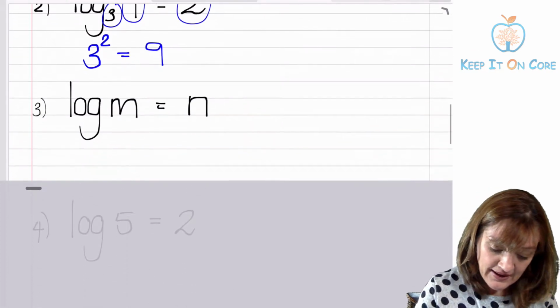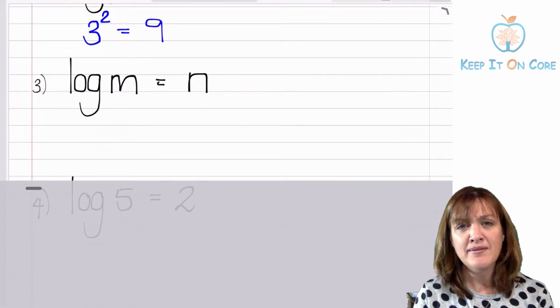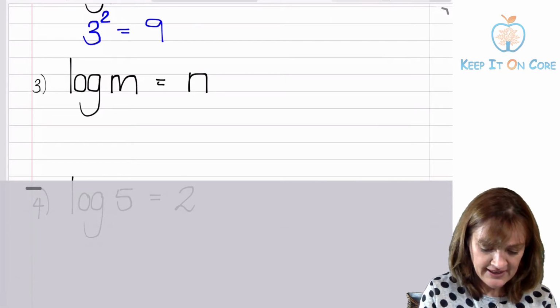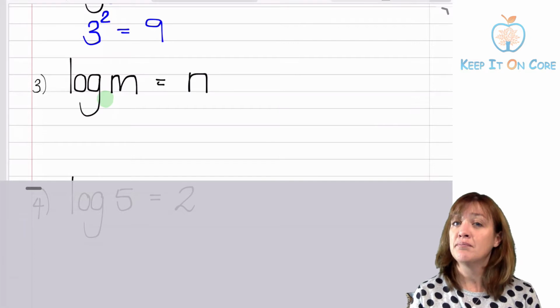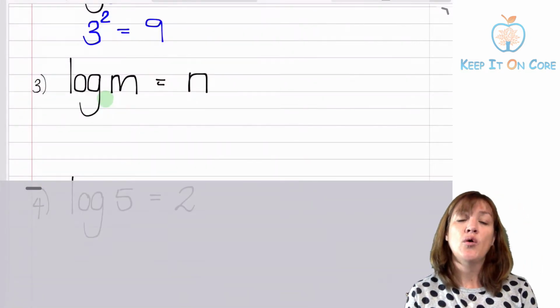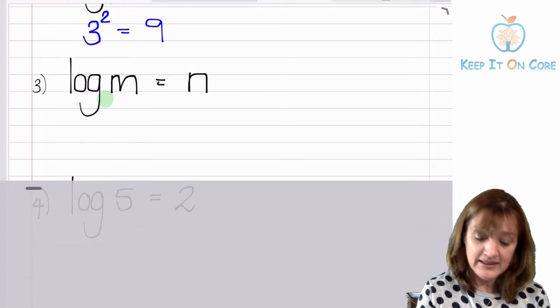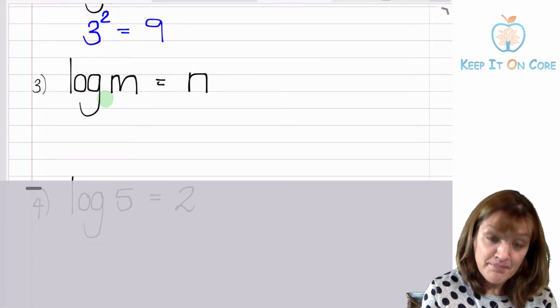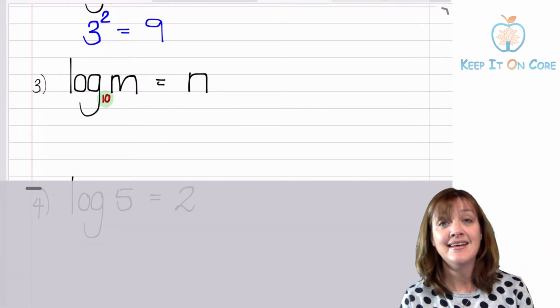What if I've got this? I've got log m equals n. What's missing? Do you see that I don't have a base down there? Now there's something really important that we need to know about logs. Our normal number system, the one we work in day to day, is in base 10. So it's assumed the base 10 is the number system. Similarly, if you don't see a base here, it is assumed we are working with base 10.